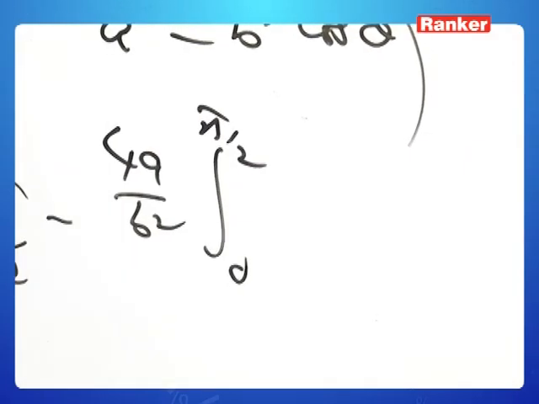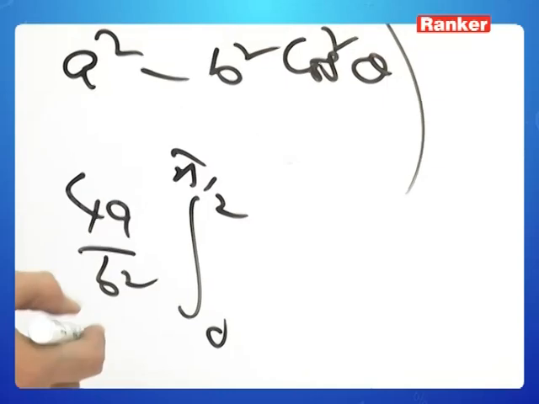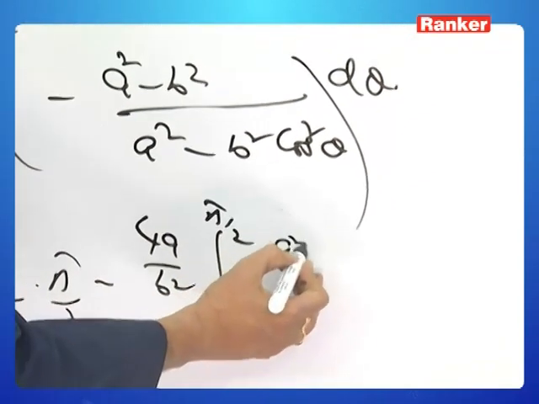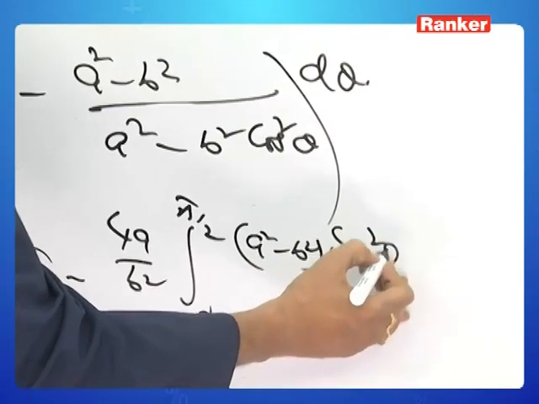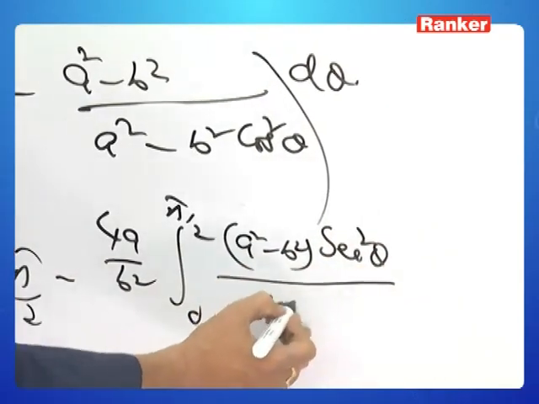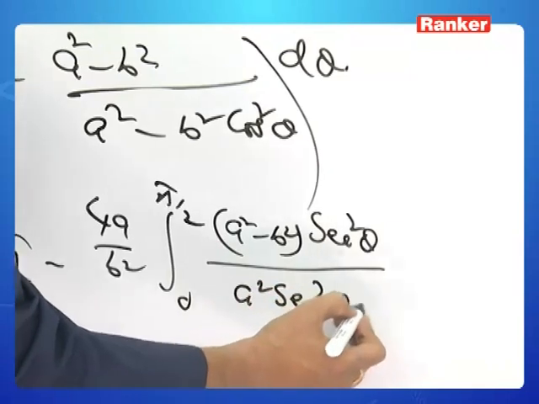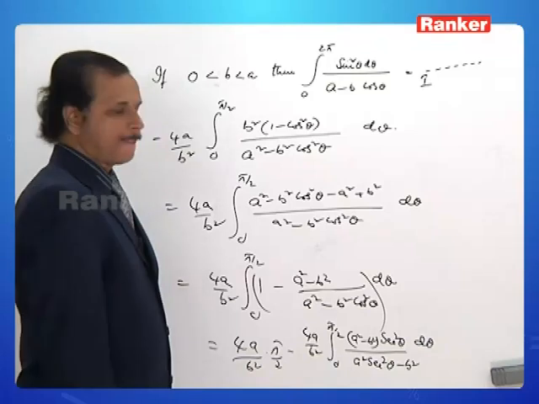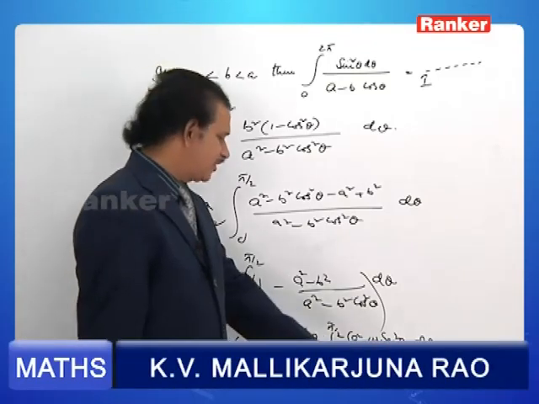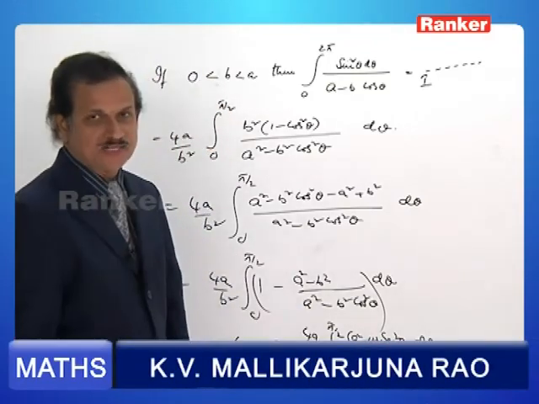I am dividing both numerator and denominator with cos square theta, so that you have a square minus b square secant square theta by a square secant square theta minus b square d theta. Of course, in the denominator secant square theta is 1 plus tan square theta, no problem.